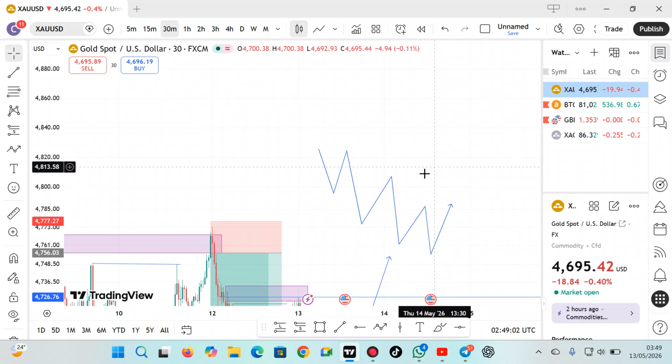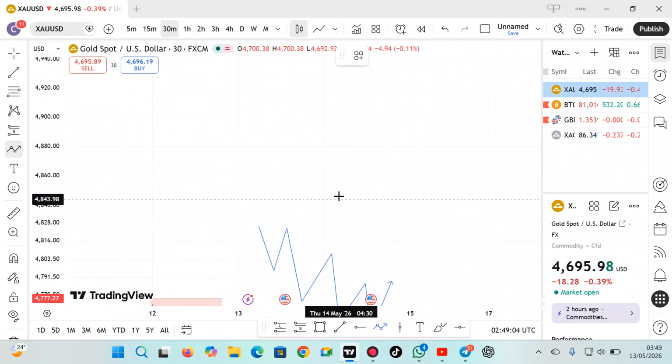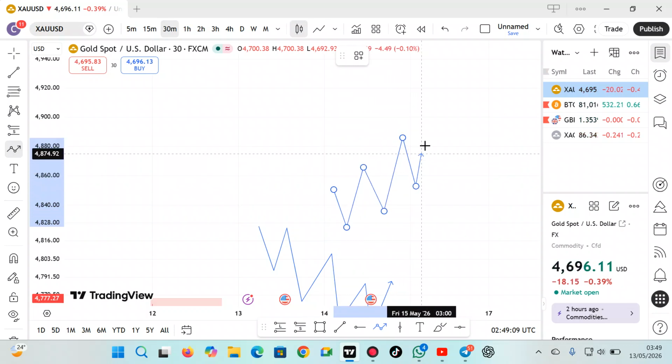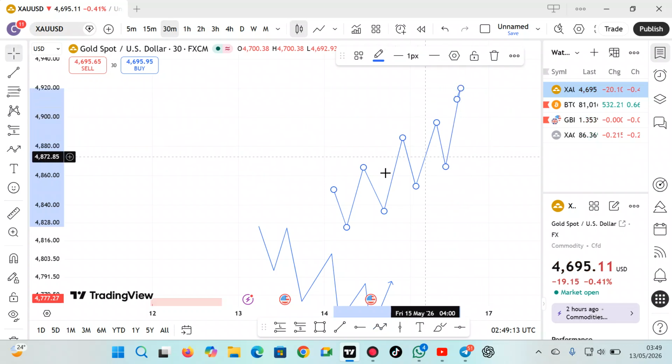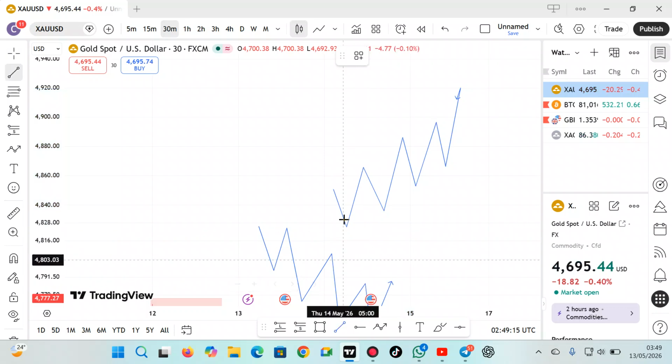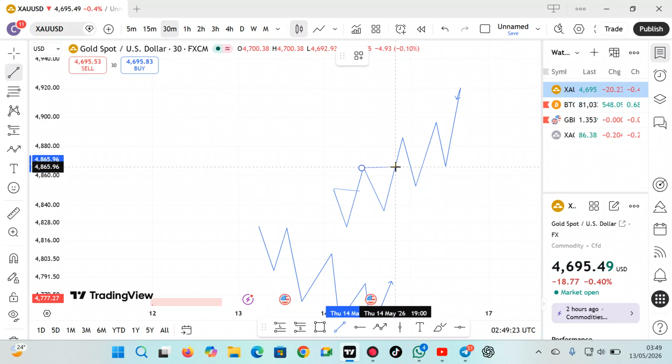Then for the market to be bullish, it has to be breaking structure to the upside. That is what tells you that the market is bullish. So that break of structure it's creating to the upside is what we call BOS, right? That is what we call BOS. So pay attention to the BOS aspect.